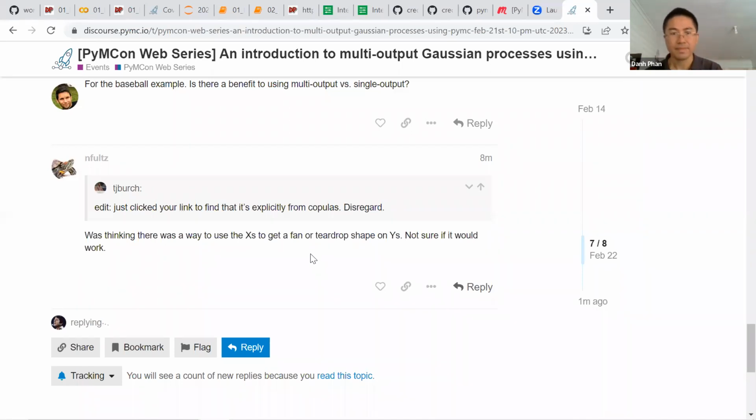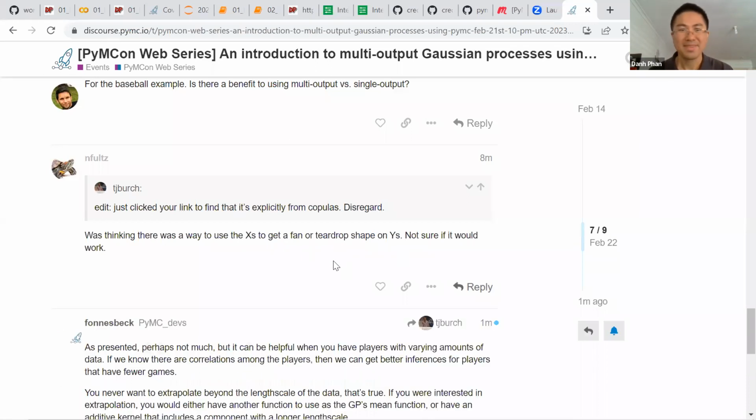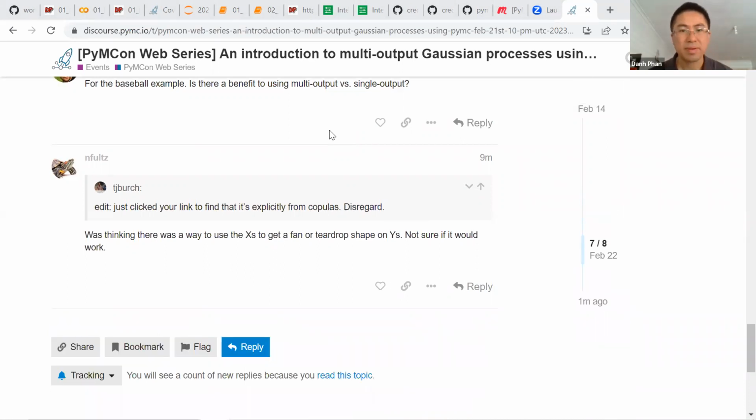I have one question on the Zoom chat. It's a long one, so let me read it out to you. I'm a beginner PhD statistics student, and my research is focused on predicting spatio-temporal crime hotspot patterns at high resolution. However, one major challenge is data sparseness, as crime occurrence is relatively rare.